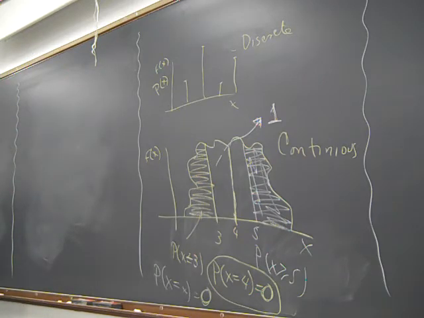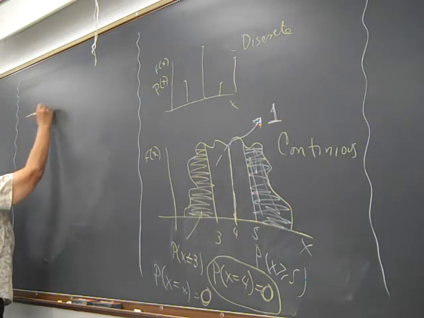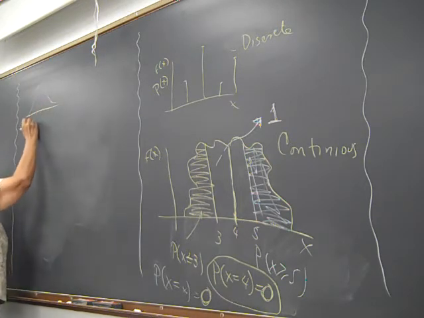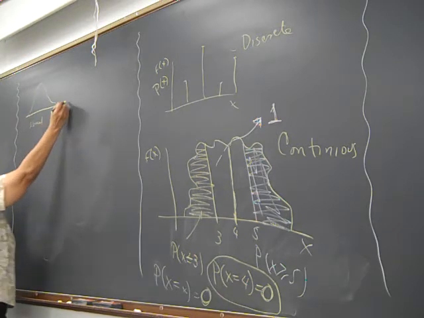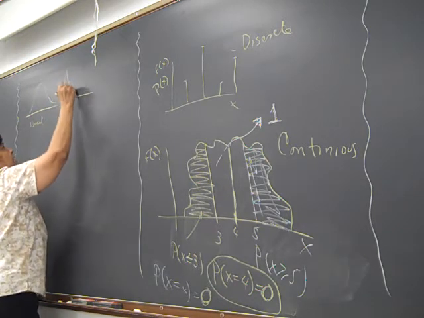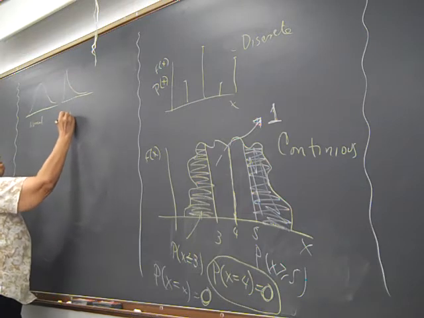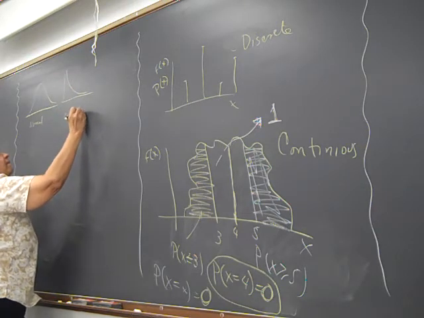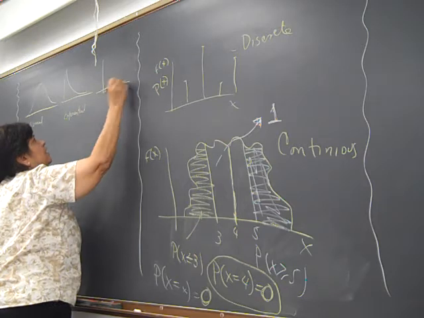Now, in this chapter, we are going to cover three probability distributions: the normal, the exponential, and the uniform.